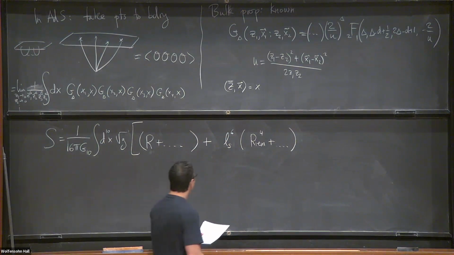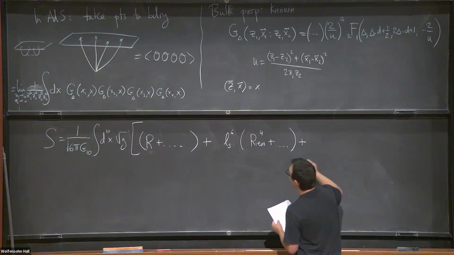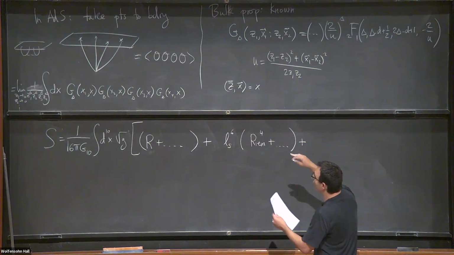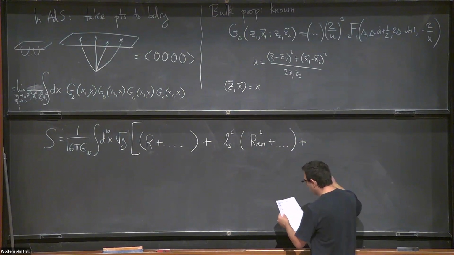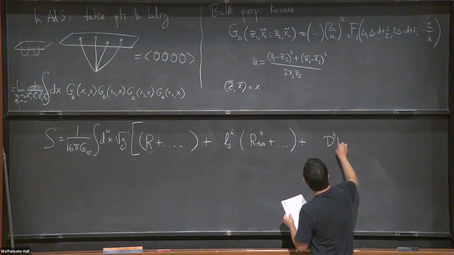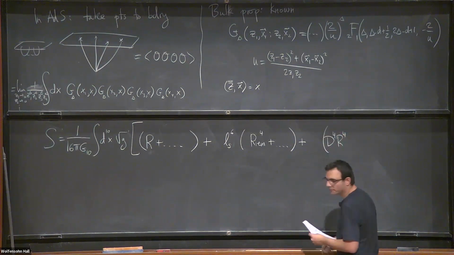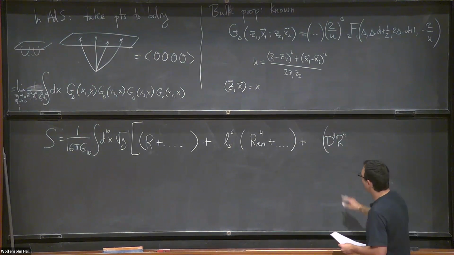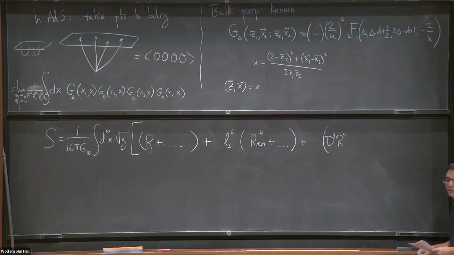The next term after that, that contributes to the scattering of a 4-point function, would be 4 derivatives and 4 Riemann tensors, that I'm going to write schematically like this. Imagine there are many indices. They have to be contracted somehow. There are many ways to contract them.